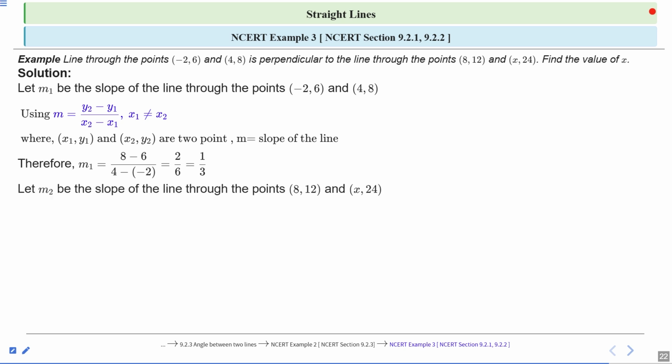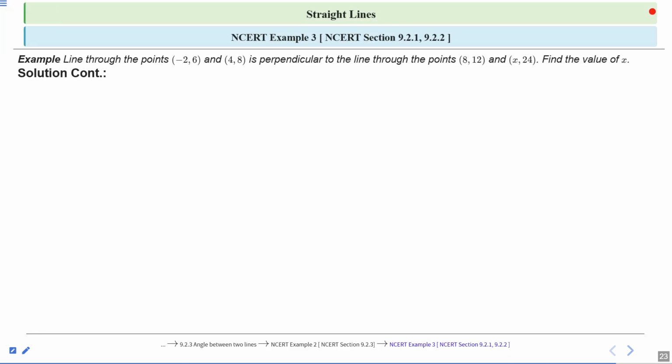Now let m2 be the slope of the line through the points (8, 12) and (x, 24). We use the formula m = (y2 - y1)/(x2 - x1), where x1 does not equal x2, (x1, y1) and (x2, y2) are two points and m is the slope of the line.